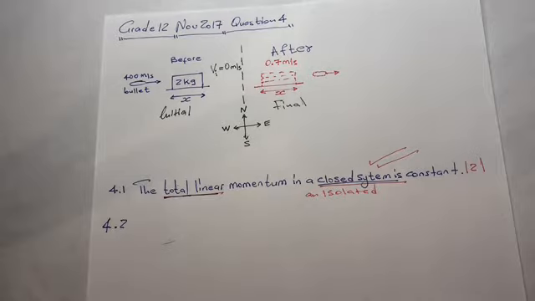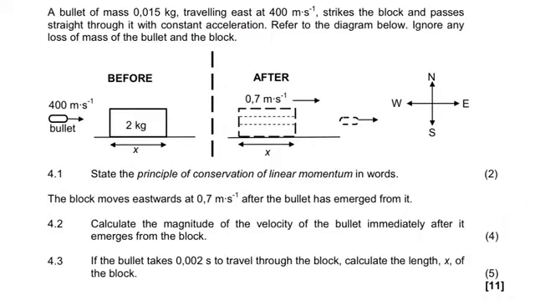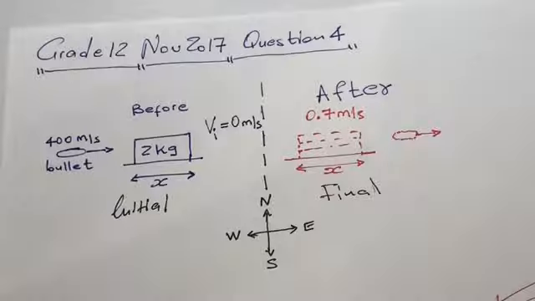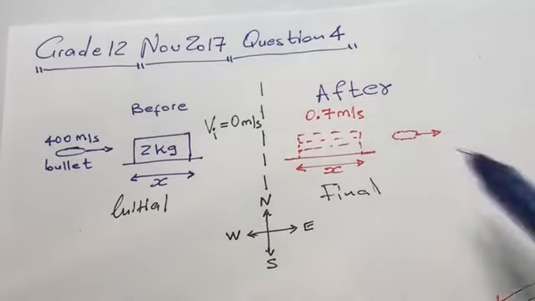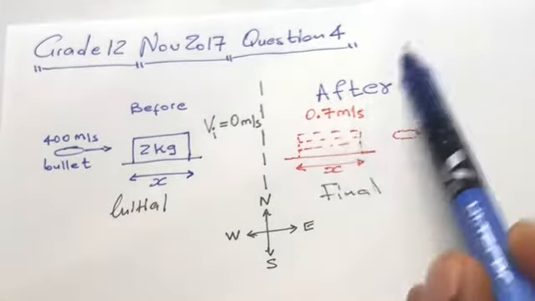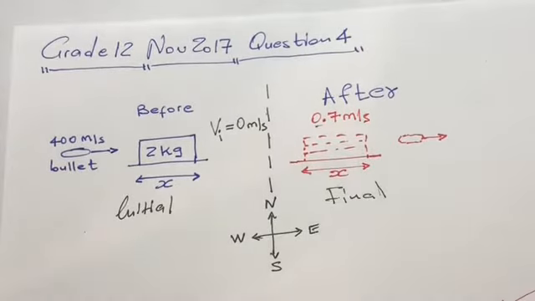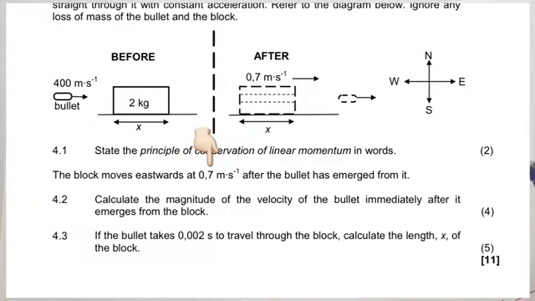Just before we get to question 4.2, there's a statement there which says the block moves eastwards at 0.7 meters per second after the bullet has emerged from it. As you can see, I've written that value when I was going through the question paper.